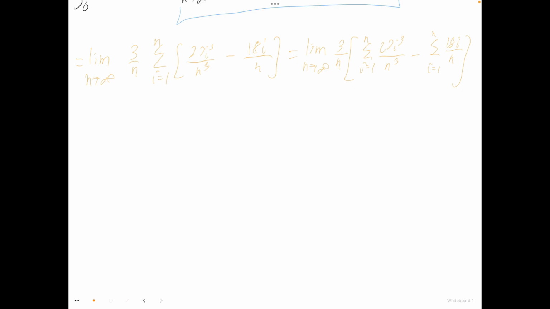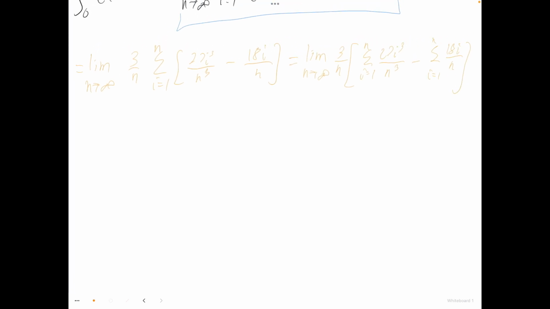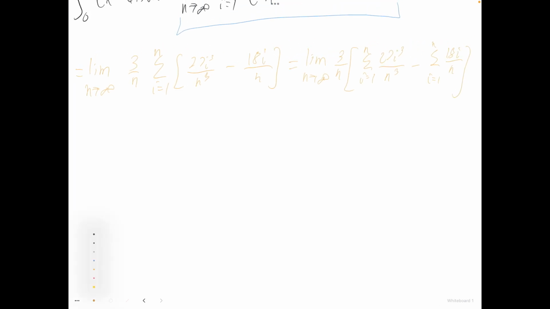If you don't recall all the properties of summations, it might be helpful to go back to the sigma notation video. And this is the limit as n goes to infinity of 3 over n times, pulling stuff out, 27 over n cubed times the sum from i equals 1 to n of i cubed minus 18 over n times the sum from i equals 1 to n of i.